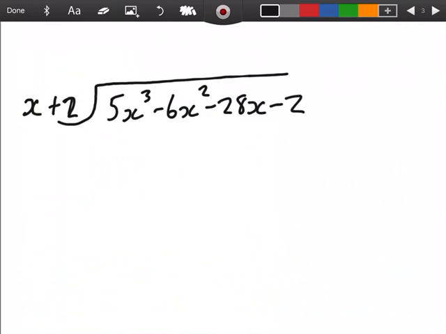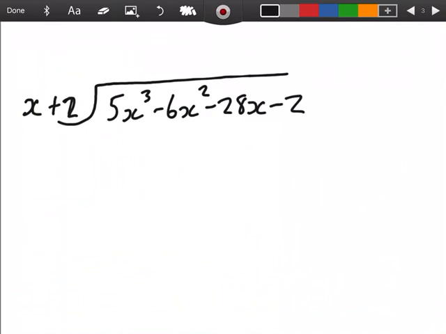Let's take a look at the first thing. As you can tell, it's algebra and we're dividing. So, 5x cubed minus 6x squared minus 28x minus 2, all divided by x plus 2. This seems ridiculous at first, but there's a technique to it.